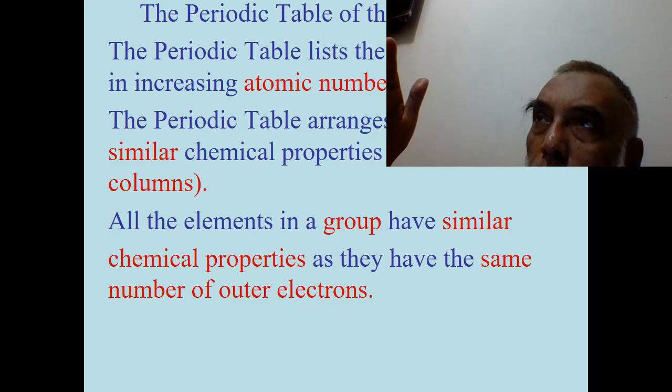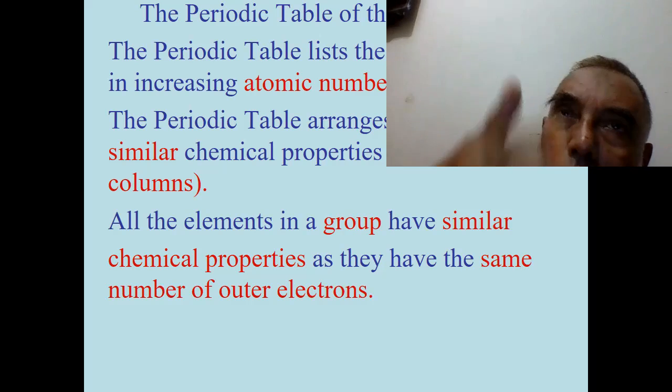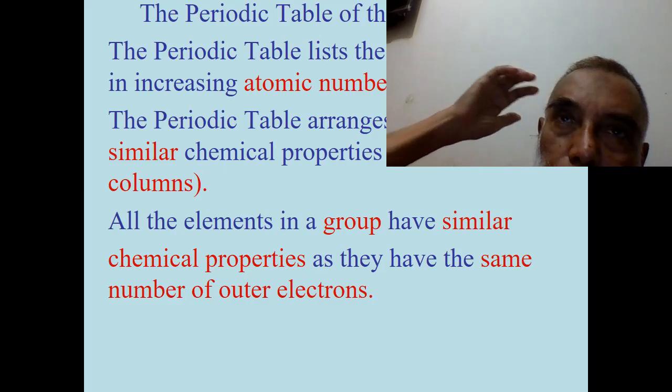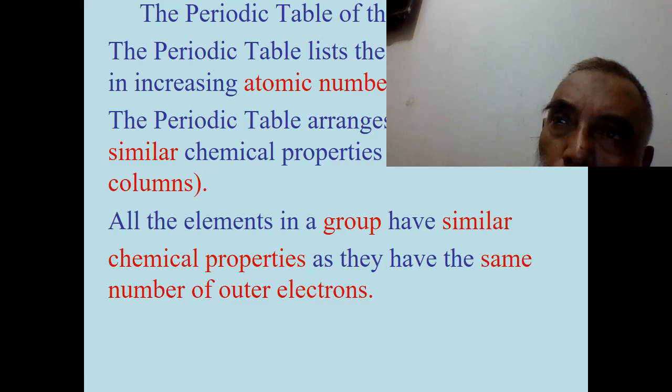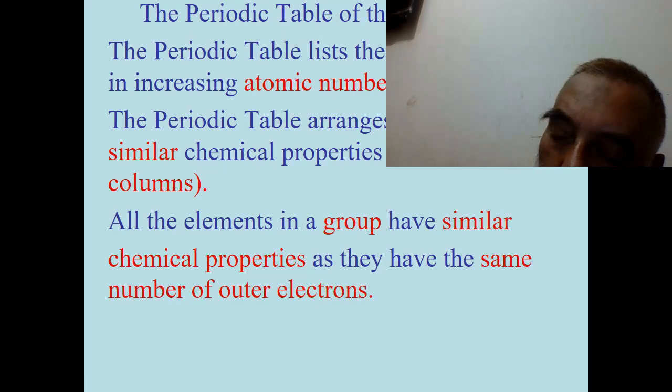So elements showing similar properties are taken in the same group in the periodic table. They show similar properties according to the number of electrons in their outermost shell. Elements which have the same electronic configuration in the outermost shell will have similar atomic and chemical properties, and thus will be placed in the same group in the periodic table.